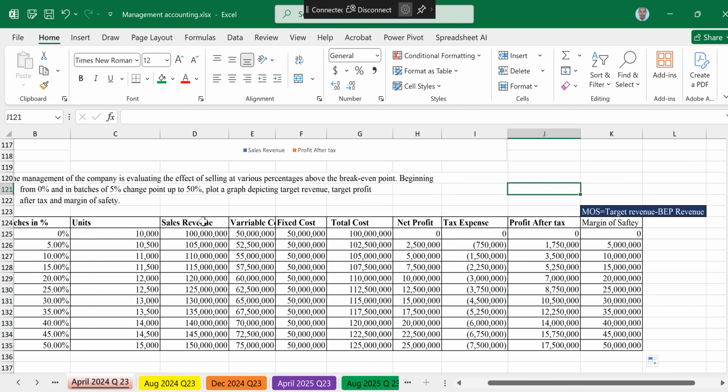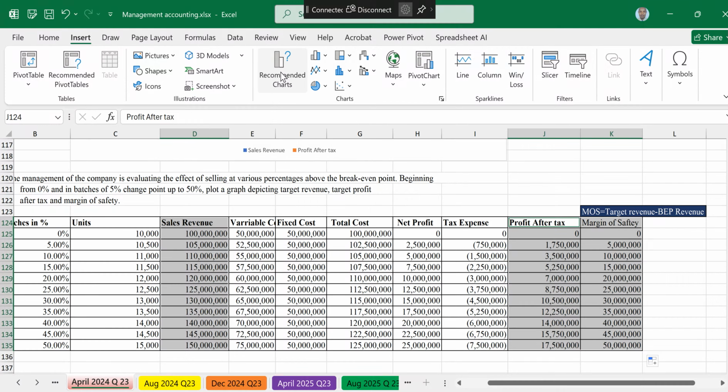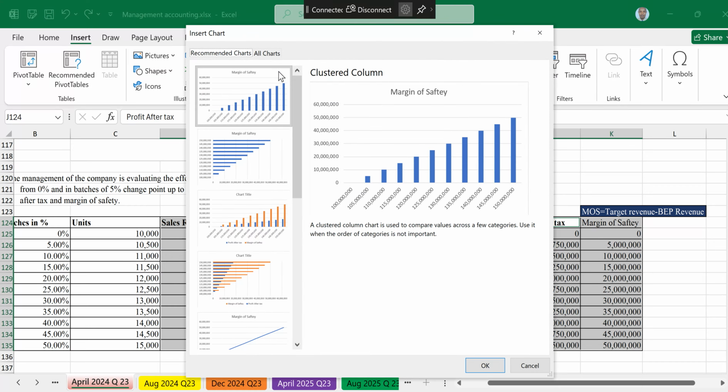Start with sales revenue, then control, profit after tax all the way to margin of safety. Then do a chart for that. Simply go to insert, recommended charts, but I believe I want to include the batches. Let me include the batches in this selection.